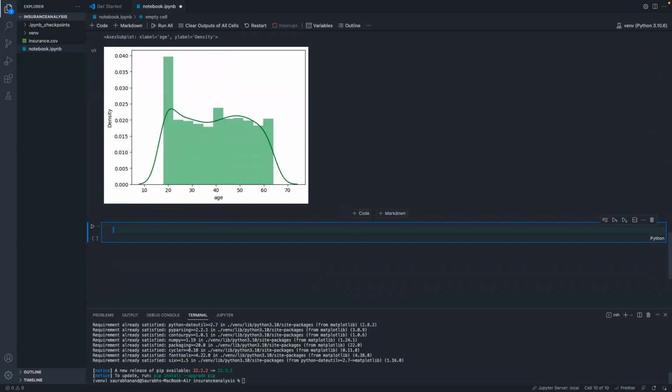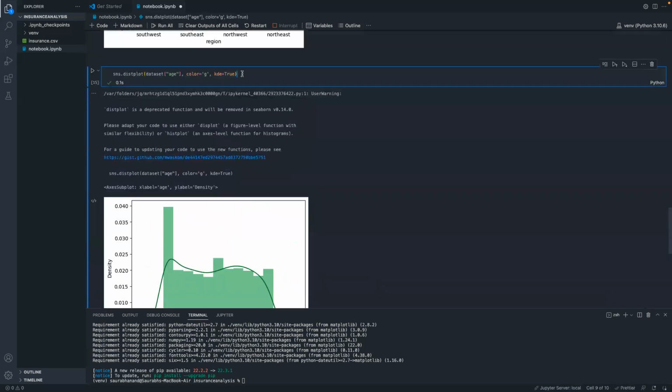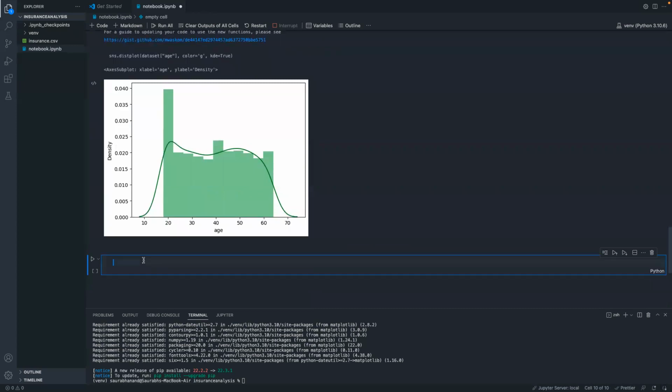First, let's have a look at the distribution of, say, BMI. We'll do the same thing here. I'll copy the distplot up here, make this BMI, and keep the color the same. Let's have a look.